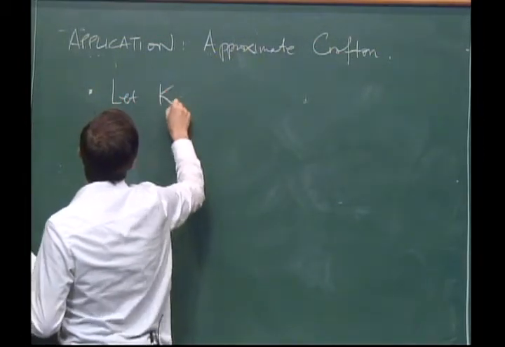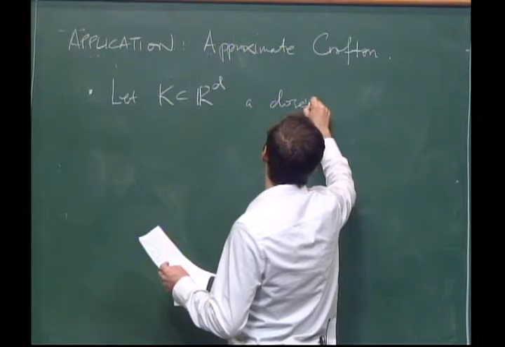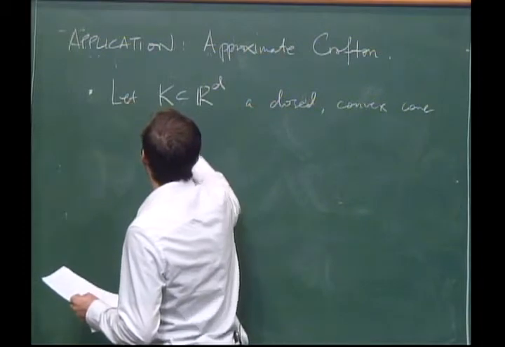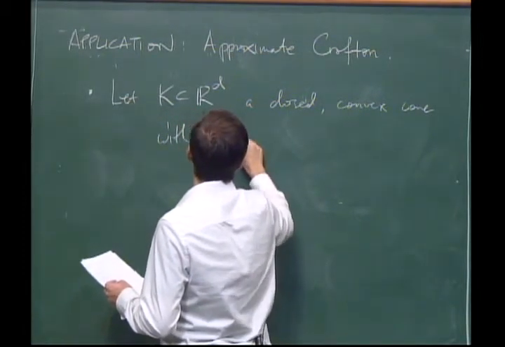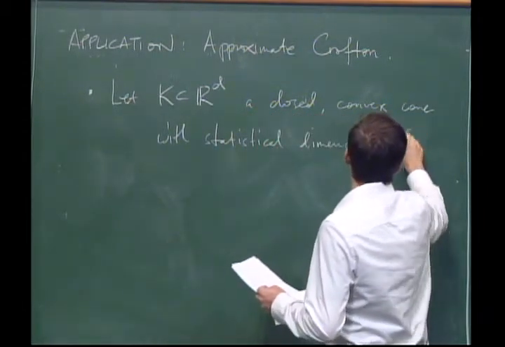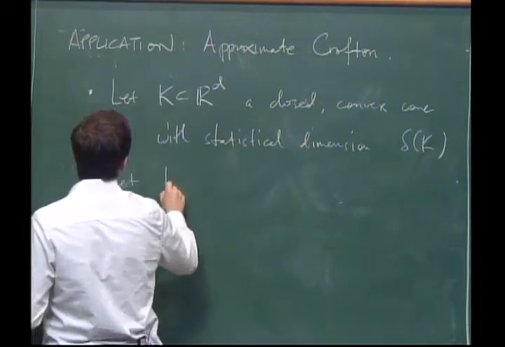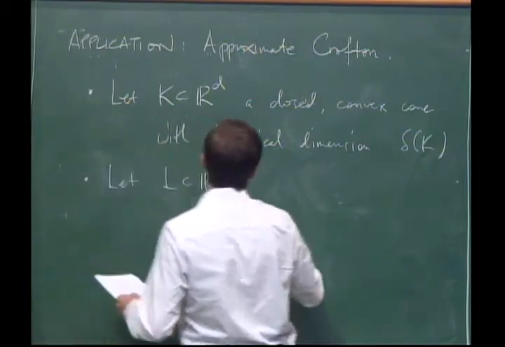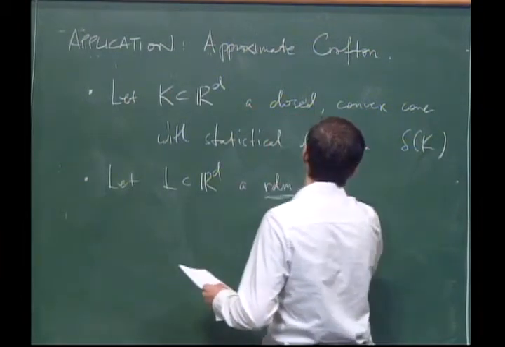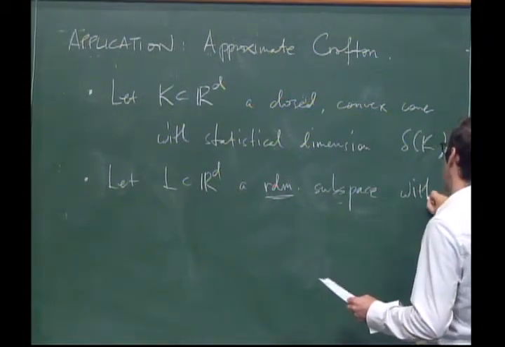We'll let K in R^D be a closed convex cone with statistical dimension delta(K), and we'll let L be a subspace in R^D which is uniformly random and which has dimension D minus m.